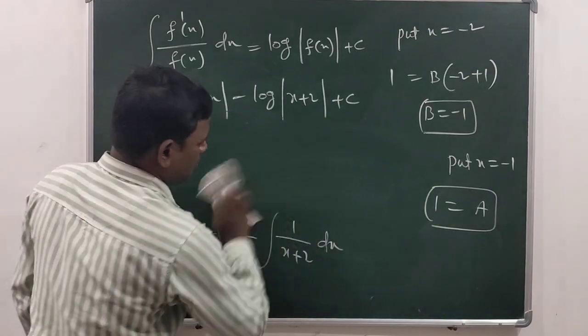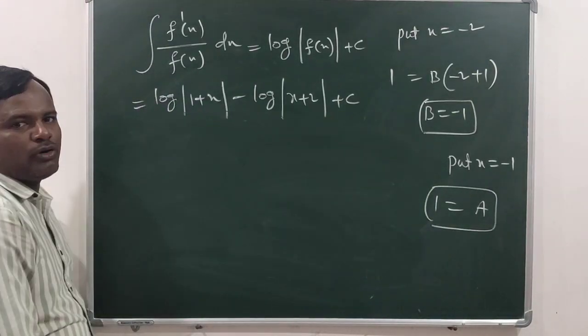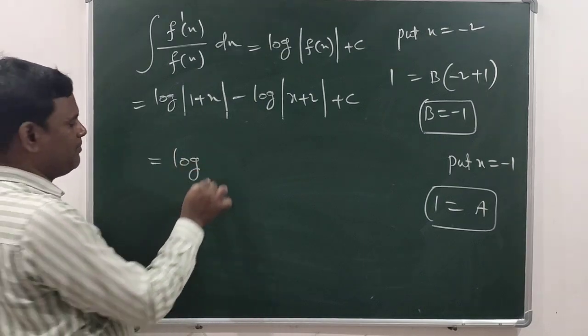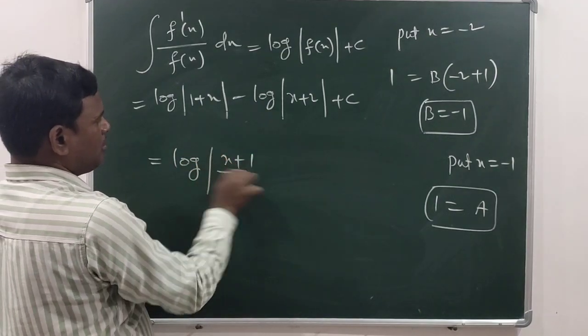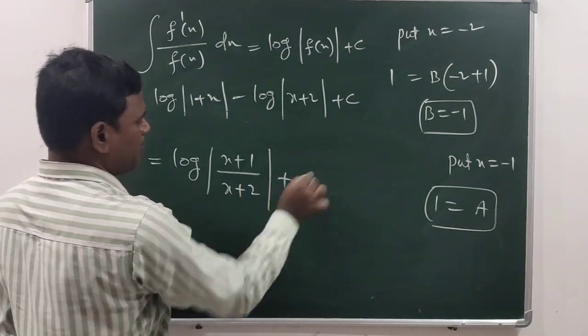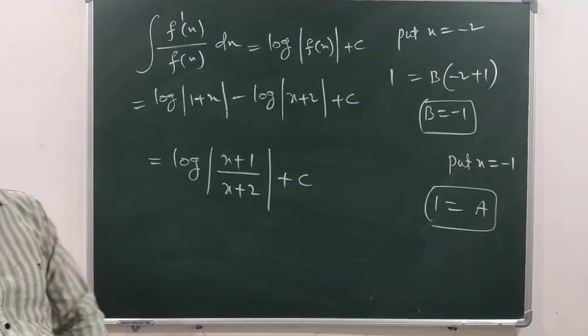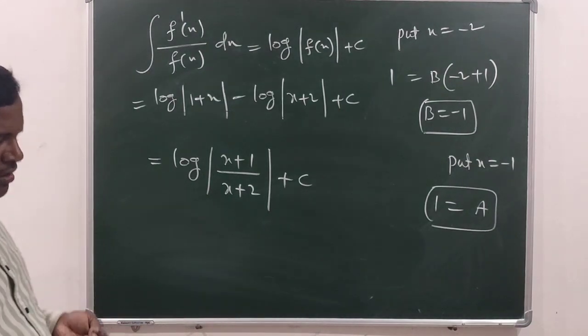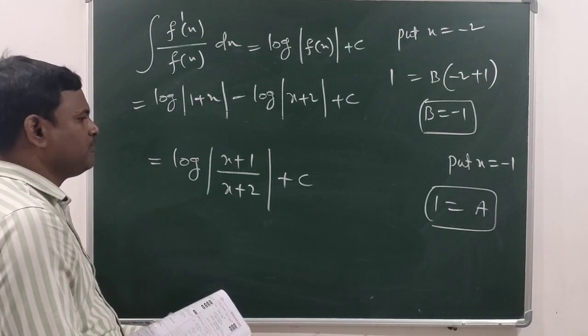Now see here, you know, log a minus log b can be written as log a by b, log of x plus 1 by x plus 2 plus c. Okay students, right. Now let us go to one more application.